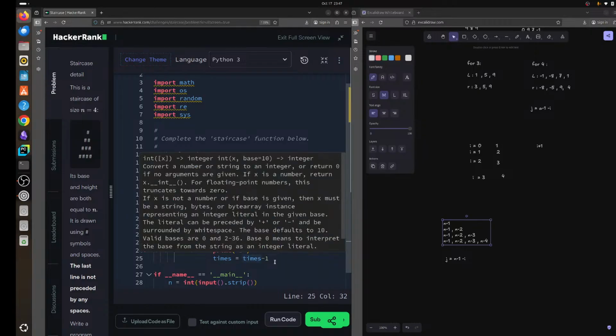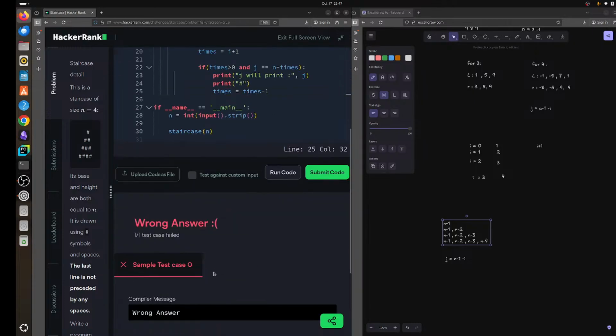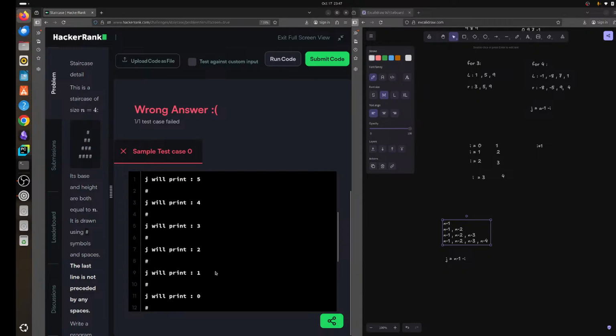It will come, it will print, and then times becomes 2 minus 1, 1, and j equals n minus times, which means n minus 1. And why is it not printed? Why is it printing 5?